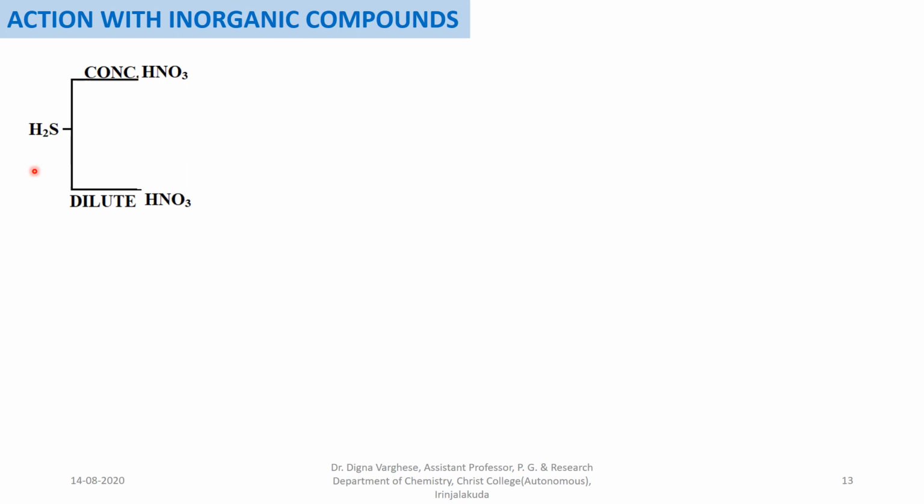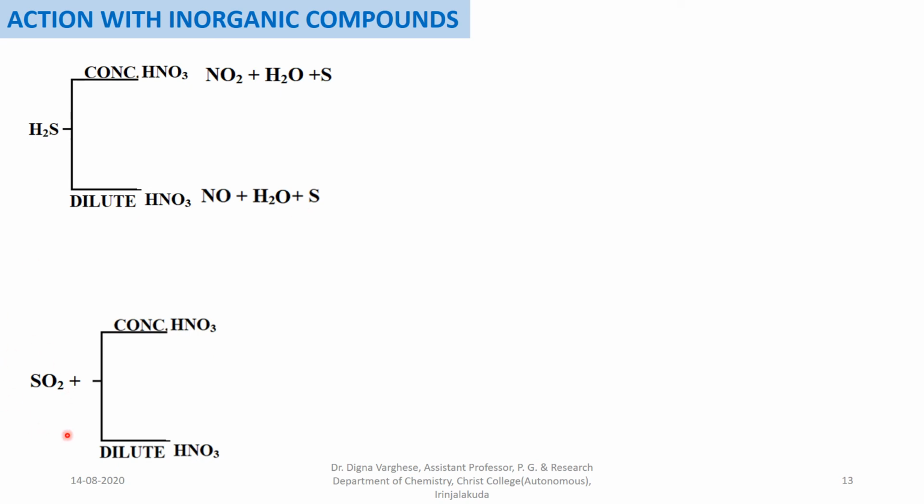Here we can see hydrogen sulfide as an inorganic compound which reacts with concentrated nitric acid, and the products are nitrogen dioxide, water and sulfur. The same compound reacts with dilute nitric acid, the nitric acid is reduced to nitric oxide, with water and sulfur.